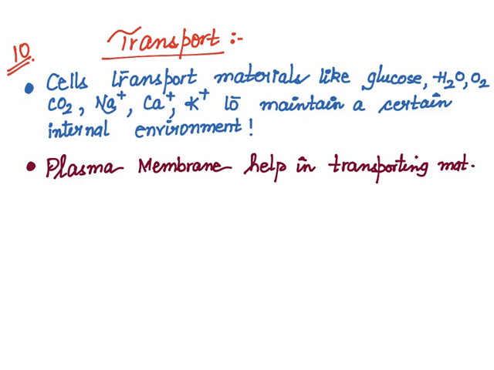All right, so on the next page, first let us just write down here that there are two types of transport that happen in the cell. They are called active transport and passive transport.